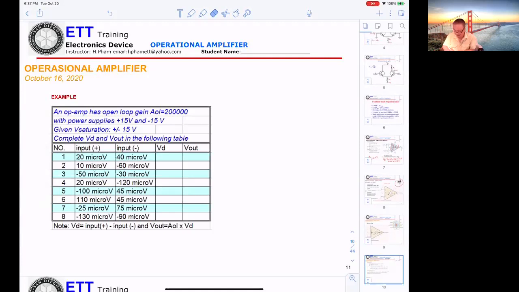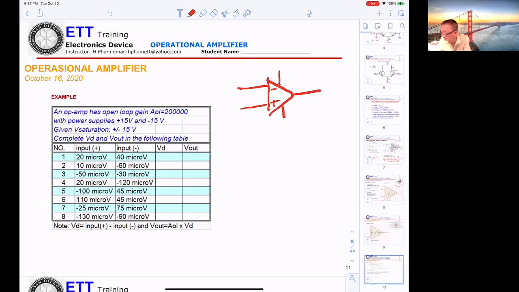Okay, so now I can tell you. Negative, positive, the power supply here.